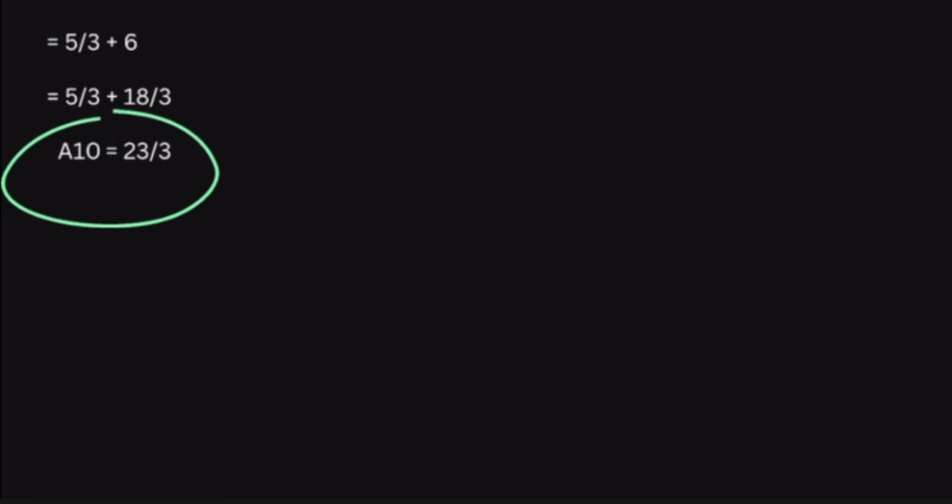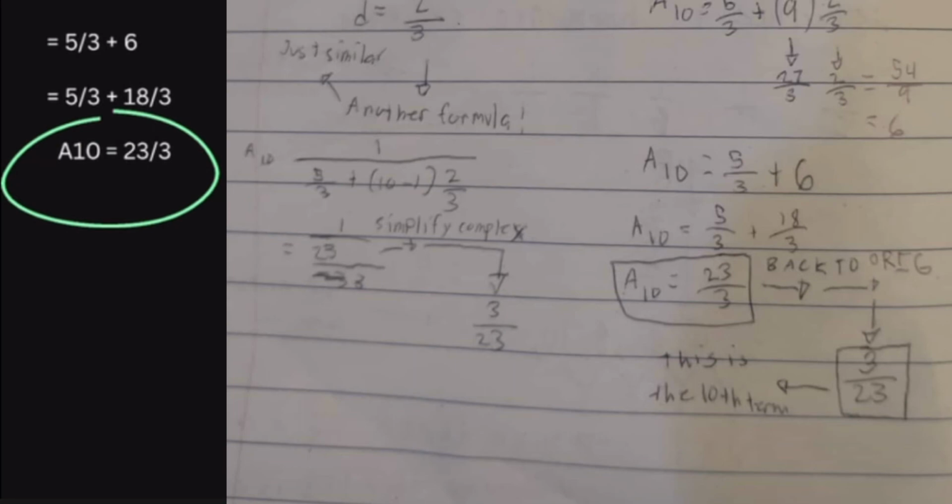Now, there is another formula. So the formula is a sub 10 is equal to 1 over the first term, which is 5/3, plus n minus 1 multiplied by the common difference, which is 2/3. So it's going to be 1 over 23 over 3.